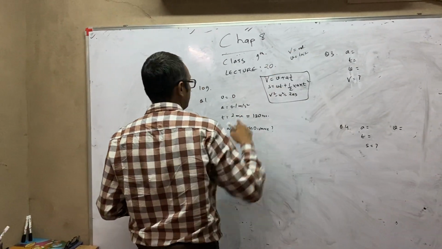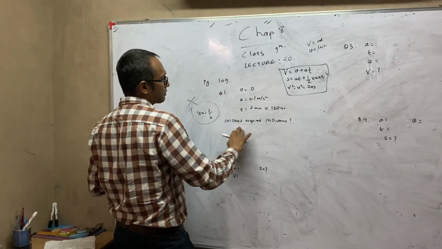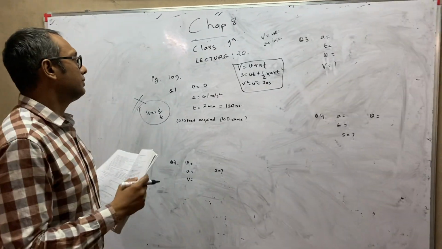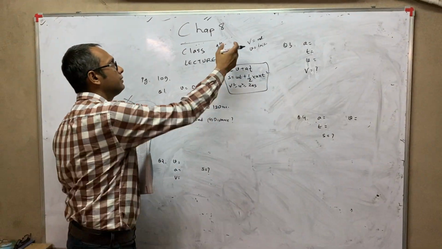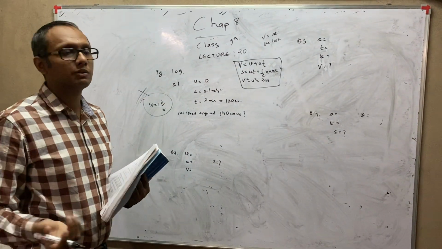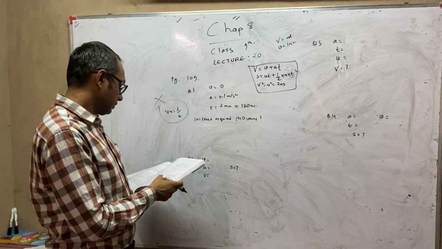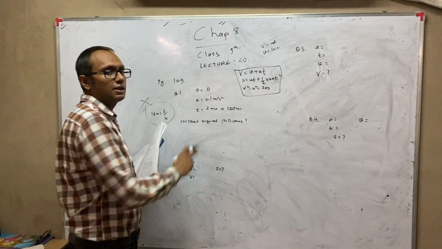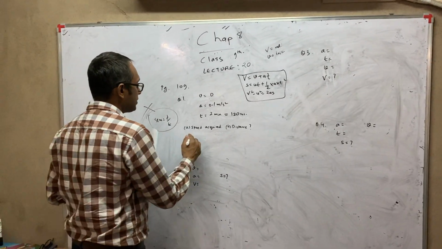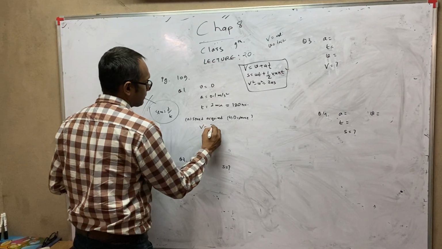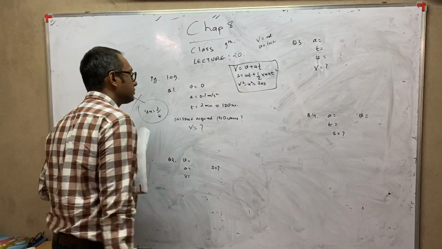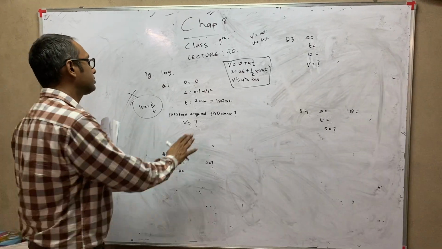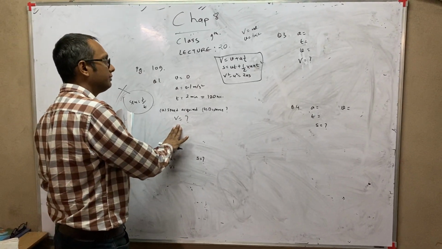Whenever, suppose in this question speed acquired is asked, and you are confused whether they have asked us to find v or u, you just have to see what is given in the question. In this question, starting from rest means u is given. So speed acquired means you have to find v. So out of these formulas, it is very simple to see which formula to use. So use that formula and find v.